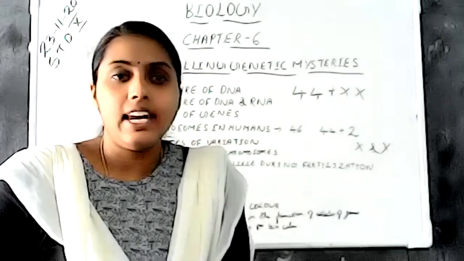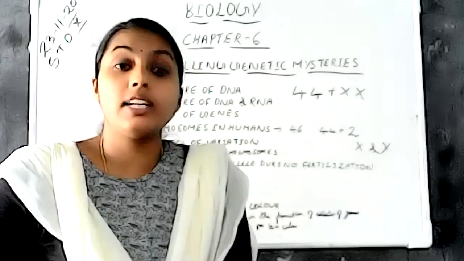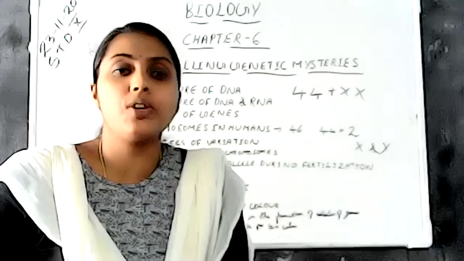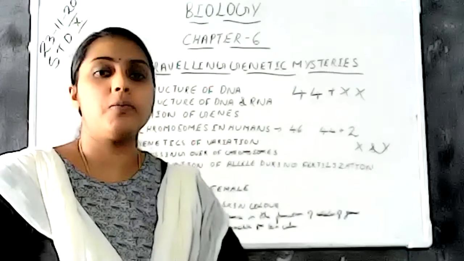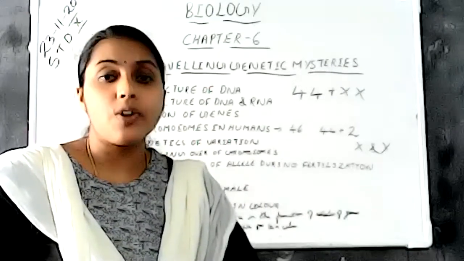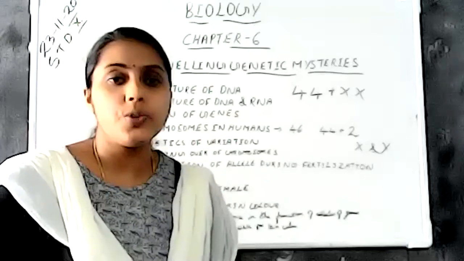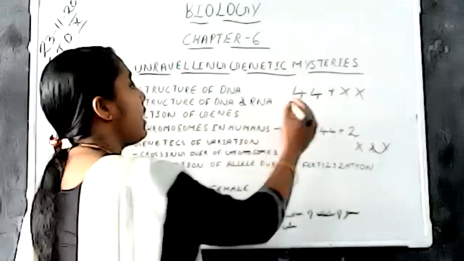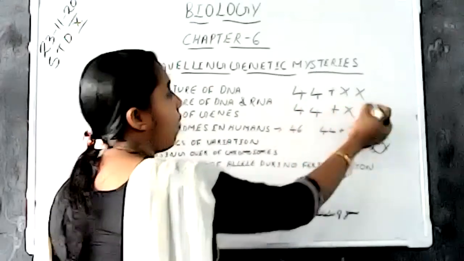In a single cell, 44 plus 2 sex chromosomes, that is a total of 46 chromosomes, are present inside the nucleus. Of these, 44 are somatic chromosomes and 2 are sex chromosomes. The 2 kinds of sex chromosomes are X and Y. And the genetic constitution of female is 44 plus XX, and the genetic constitution of male is 44 plus XY.